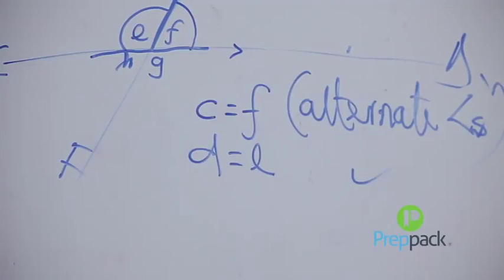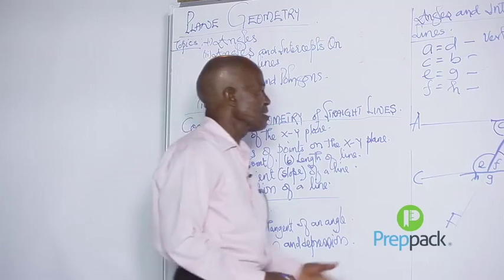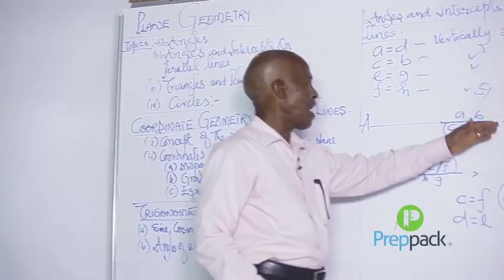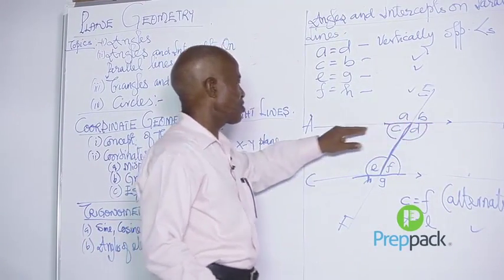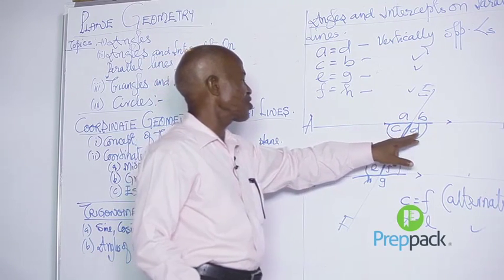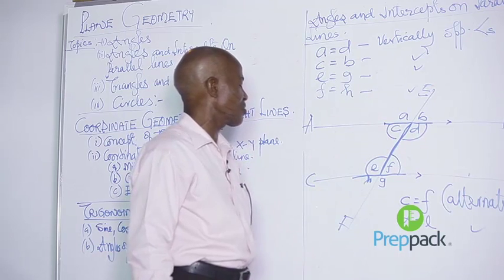And this, I'll convince you that this should be equal because C plus D are angles adjacent to each other on the same straight line. So angles on a straight line equal 180, C plus D will be equal to 180.